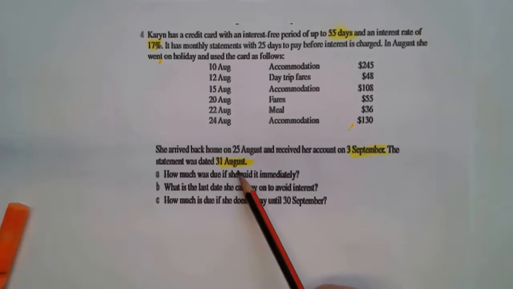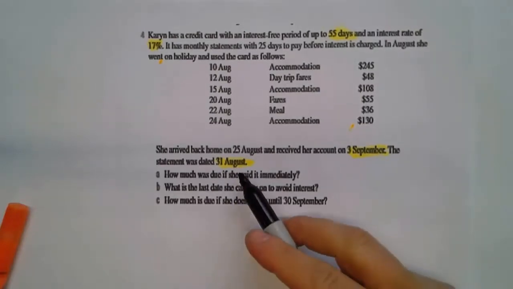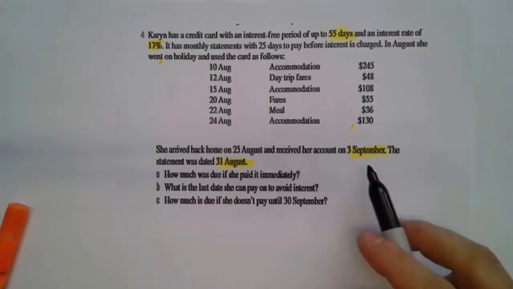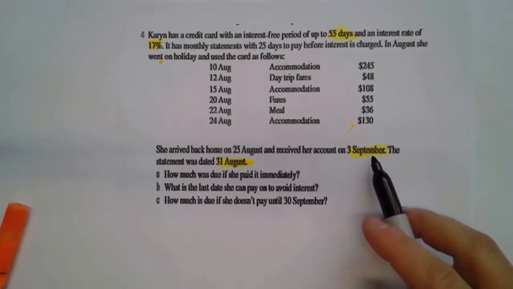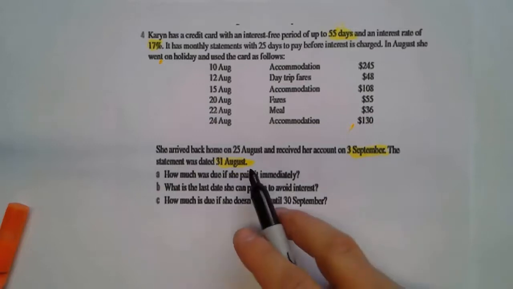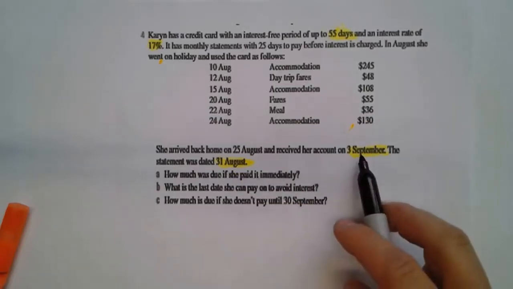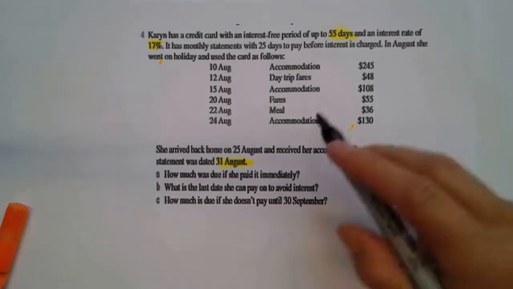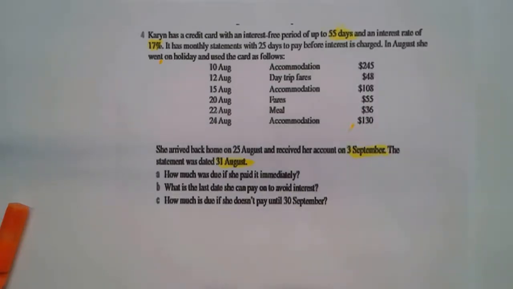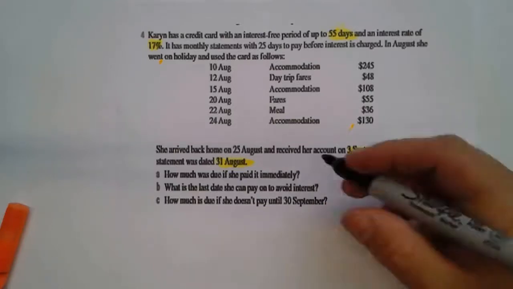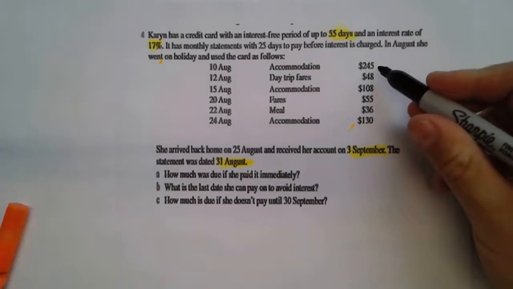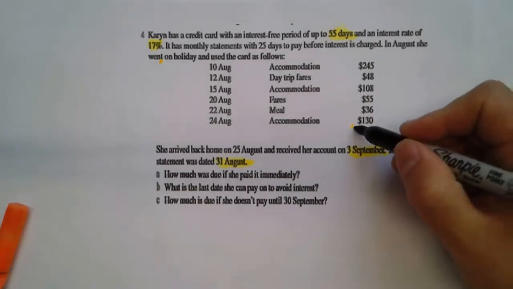Well, the 31st of August is the date of calculation. She received it on the 3rd of September, so that's the 31st of August, and then that day plus these 3 days, 4 days. She has an interest-free period of 55 days. So if she paid it straight away, it's within the interest-free period. So how much was due? Just the amounts here.